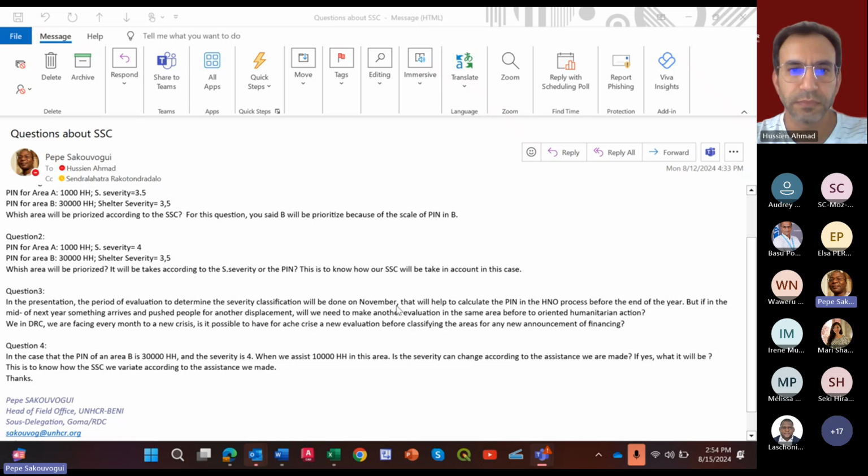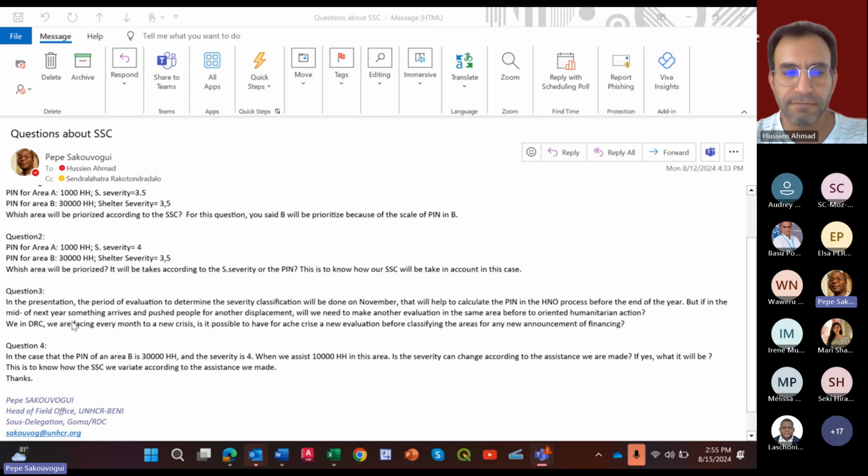And I ask the question again: if in the next year, like here in DRC, every month the situation is changing, how will we do it if something arrives in a different area again, and we need to decide which place will be prioritized?